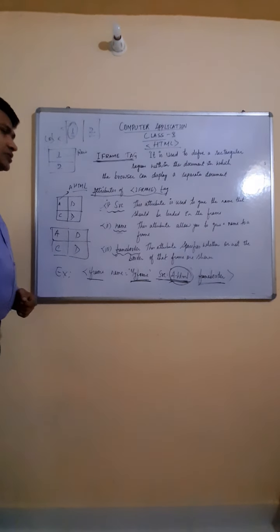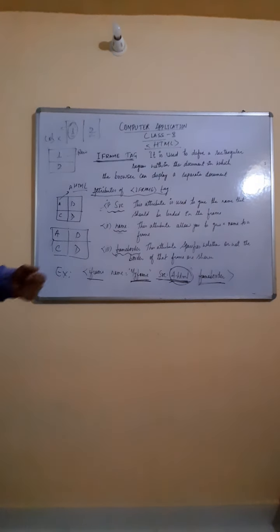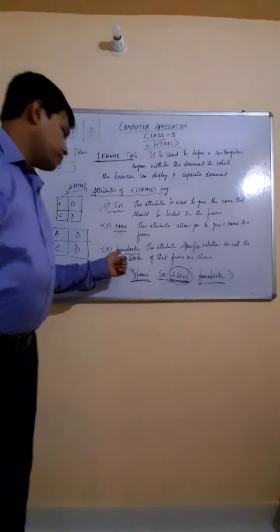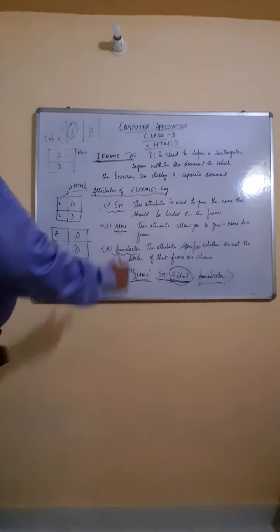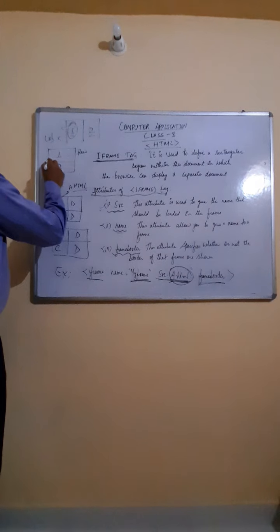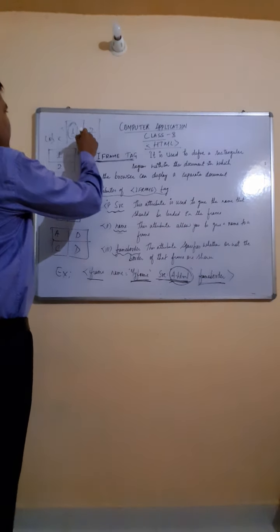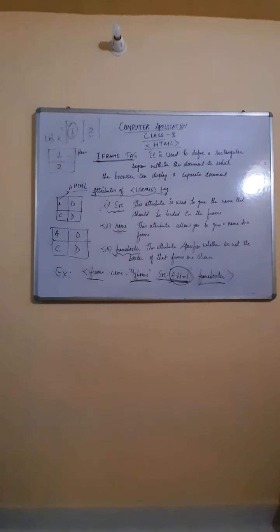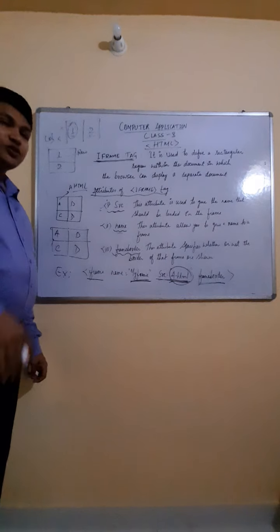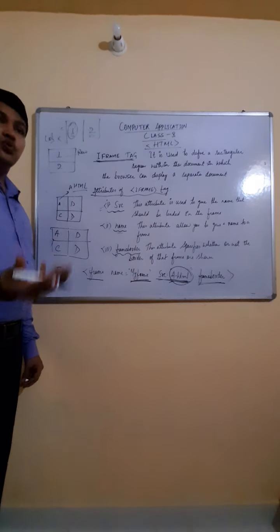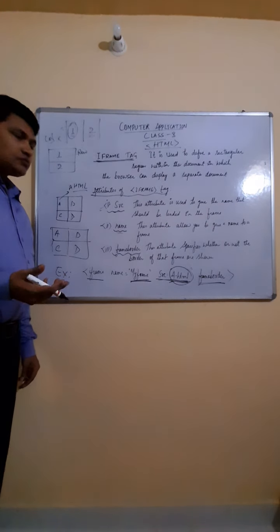The third attribute is the one that is used to define the border. When I am dividing the screen into 2 parts, I have drawn a line. If you want to draw a border, that means drawing a line, that should be shown in the web browser screen.